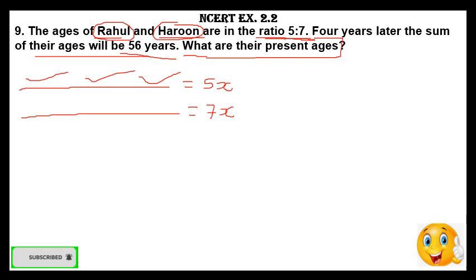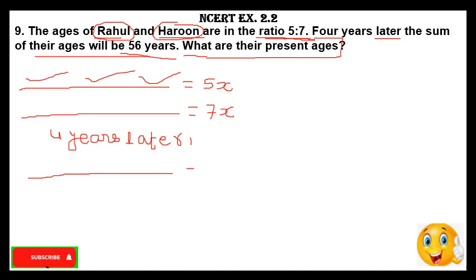4 years later, the sum of their ages will be 56 years. 4 years later, the age of Rahul is 5x plus 4. So here you need to write the statement.